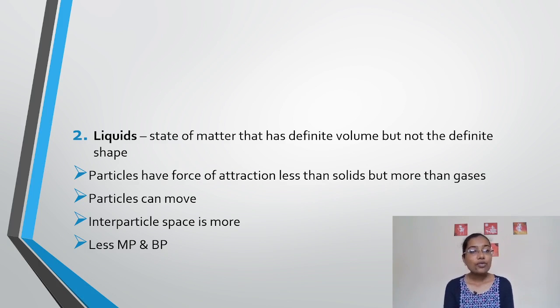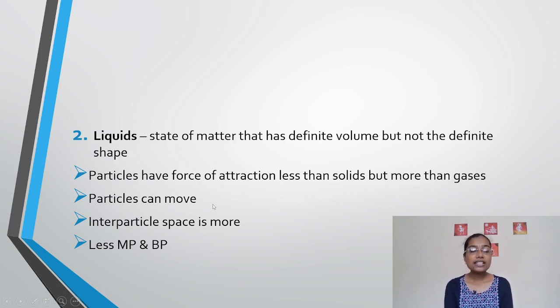And why do they have only volume but not shape? Because of the arrangement of their particles. Here particles have force of attraction less than solids but more than gases. And particles can move.